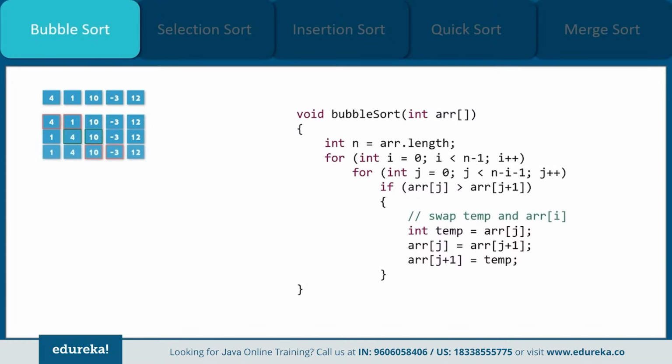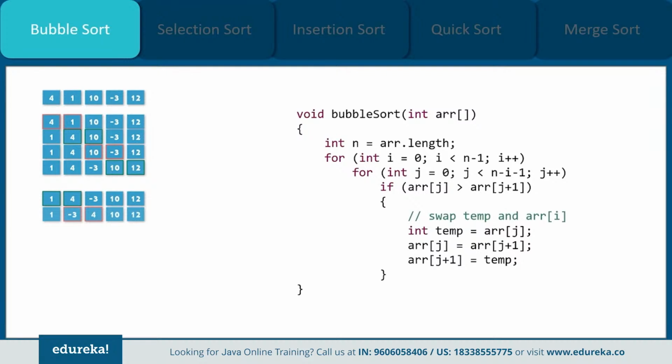Then we'll move on to the next adjacent elements, that's 10 and -3. When we compare them, we find that -3 is the smaller one, so we swap them. In the same way, when we compare 10 and 12, it's perfectly fine, so it passes. Now in the next iteration, we'll again begin and start from the next index of the ith loop.